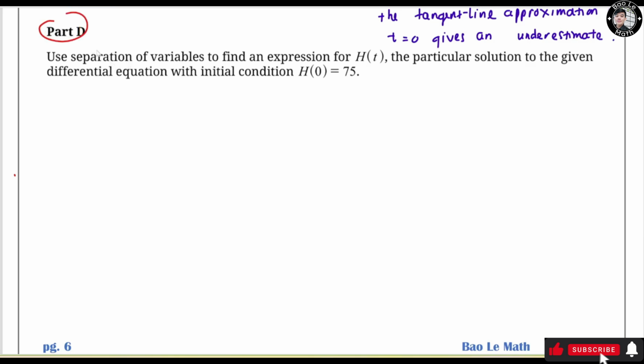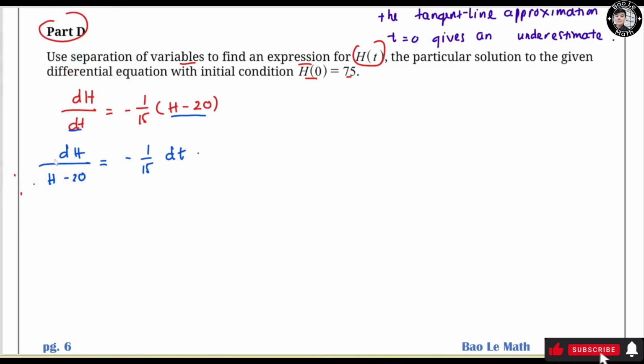Now question D. Use separation of variables to find an expression for h of t, the particular solution to the given differential equation with initial condition h of 0 equals 75, right? So we need to divide both sides by h minus 20 and multiply both sides by dt, right? Now we're going to integrate both sides. The left hand side is ln of absolute value of h minus 20.